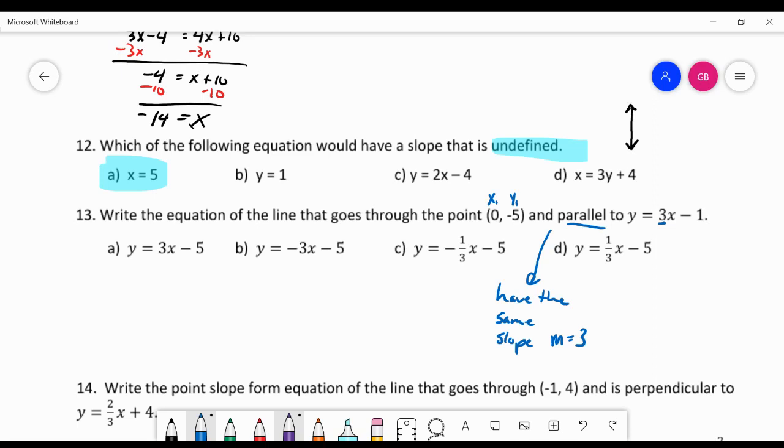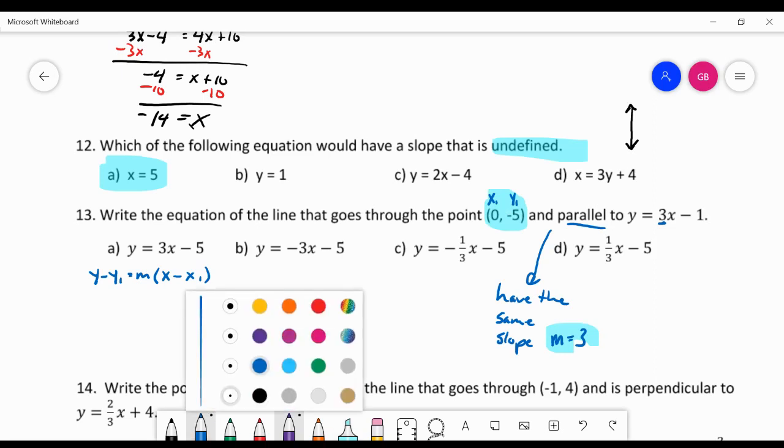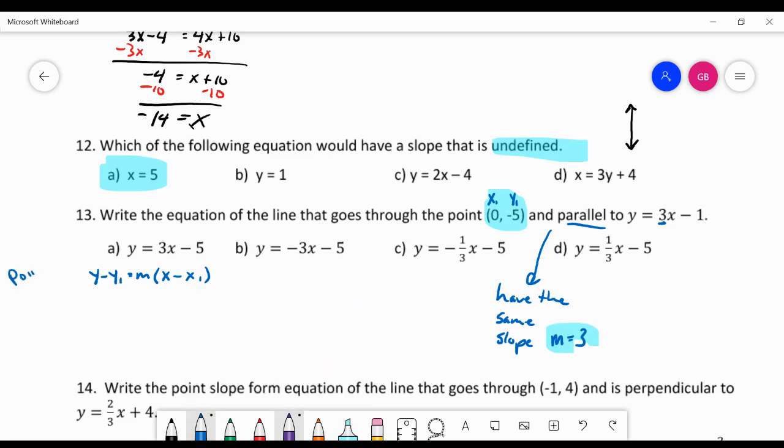So what we're going to do is we're going to put the equation in point slope form first. So if you remember, point slope form is y minus y1 is equal to the slope times x minus x1. So now we're going to substitute the slope, x1 and y1 into this equation. This is the point slope.